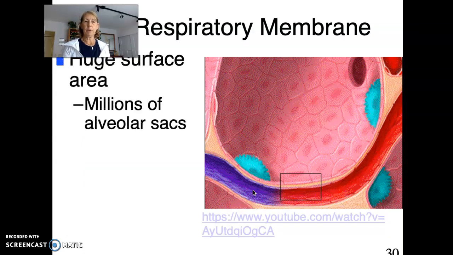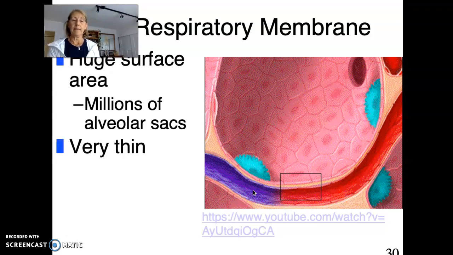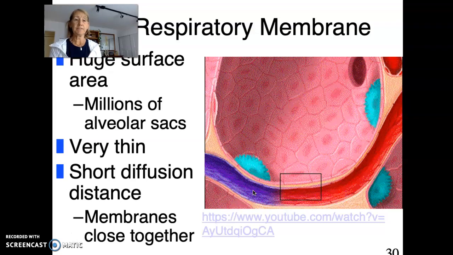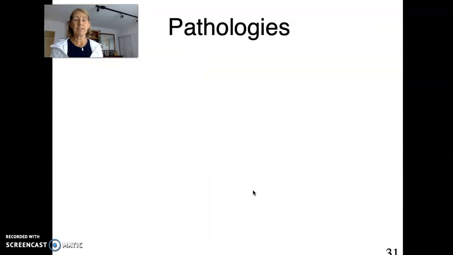The respiratory membrane is a huge surface area of millions of these alveolar sacs. Very thin. It's got to be very thin because if not, none of this transport is going to happen, correct? So it's got to be very thin, and that diffusion distance has to be very tiny.